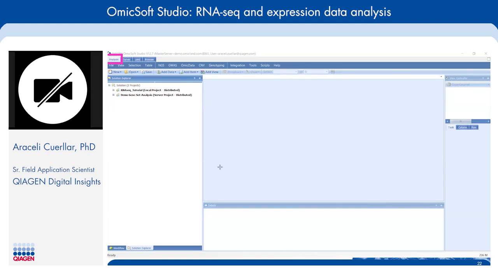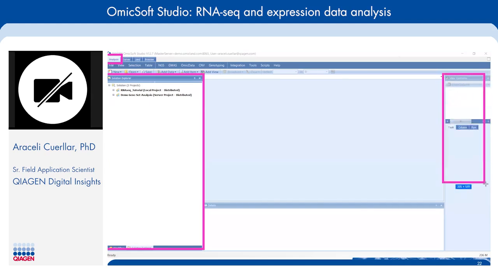Here on the left-hand side, we have the Solution Explorer. This is the directory that contains all of the files you import and all of the outputs you generate using your data. On the right-hand side, we have the View controller, which will contain different options to help you customize your outputs.